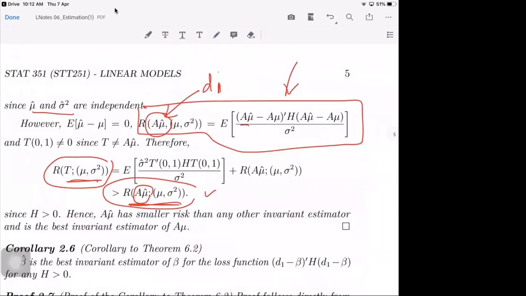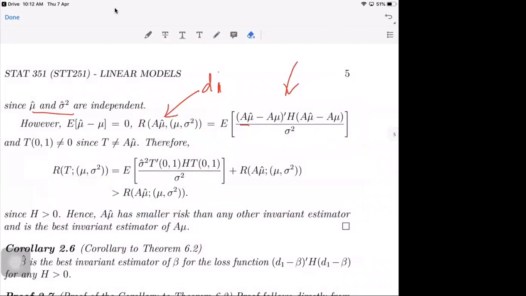And if we can show that this is a positive term, not a negative term, then we are assured that the risk associated with any competing invariant estimator of A mu will be positive, or greater than this risk.